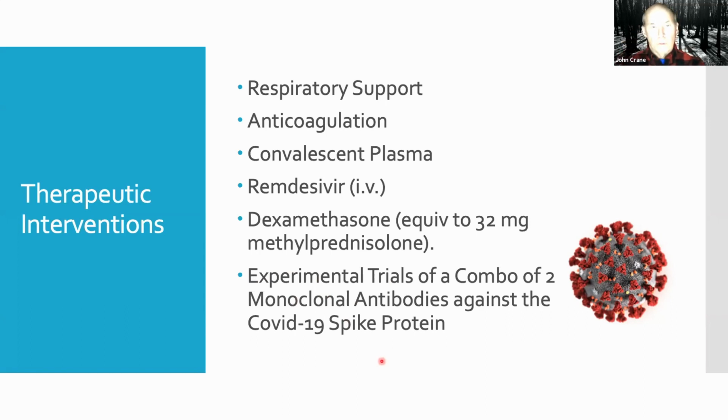One of them was just approved at the beginning of this week. It was a monoclonal antibody made by the Eli Lilly company against the COVID-19 spike protein. And the Regeneron company also makes a combination of 2 different monoclonal antibodies against that same spike protein.